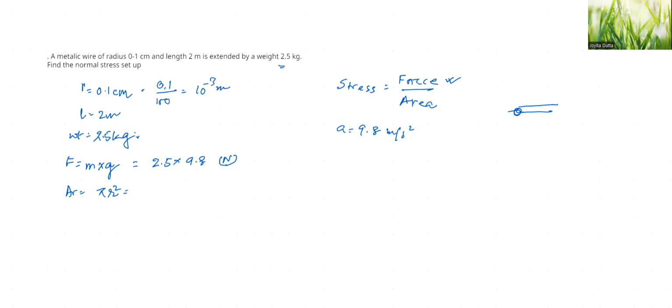So this is 3.14 into 10 raised to minus 3, the whole square, which is 3.14 into 10 raised to minus 6 meter square.